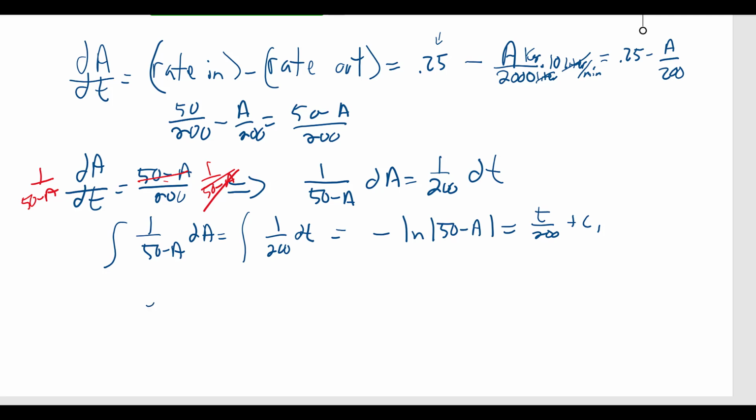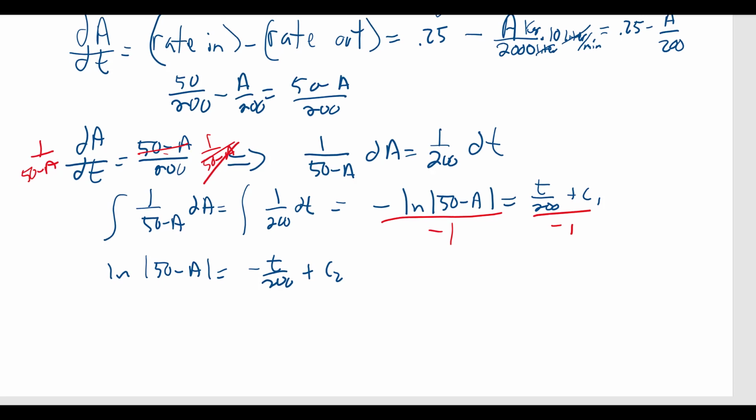Now we can make both sides powers of e to cancel out the natural log. Actually, let me clear out that fraction first. We have the natural log of the absolute value of 50 minus A equals negative t over 200 plus some c2, which doesn't matter, it just absorbs the negative.